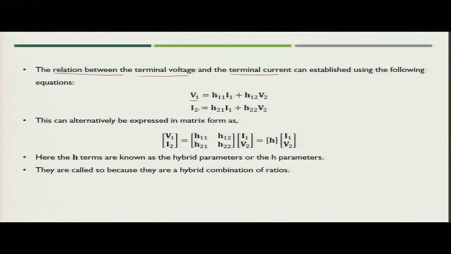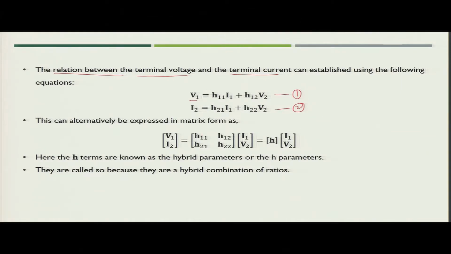Similarly, the output port current, that is I2, will have a relationship with the input port current and output port voltage, and we will define it as I2 is equal to H21 I1 plus H22 V2. So, these are the two basic equations to find the H parameters.